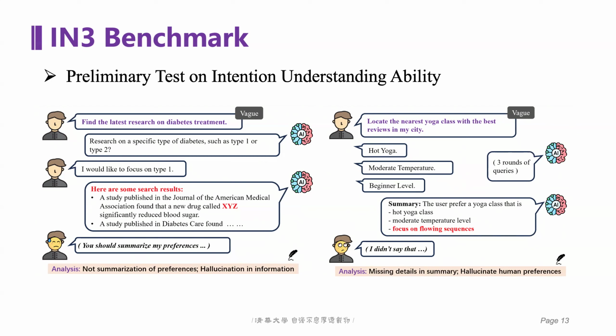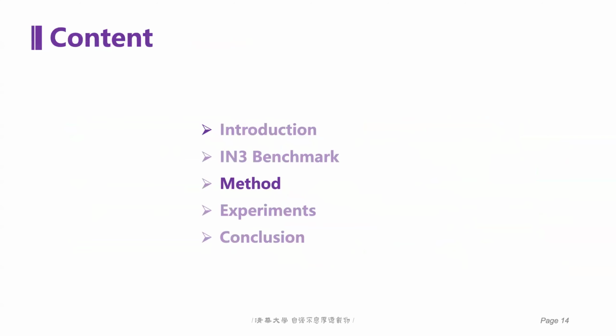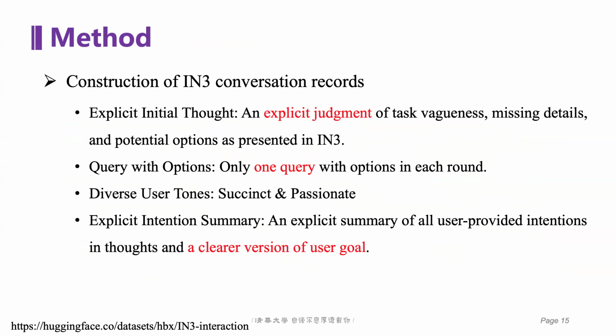And on the right, the example is that there are missing details in the summary, and sometimes when they are summarizing the human preferences, they still hallucinate. So that's the kind of problem we observe during the preliminary study, and with our trained agent, we want to solve this problem. So here comes our method.